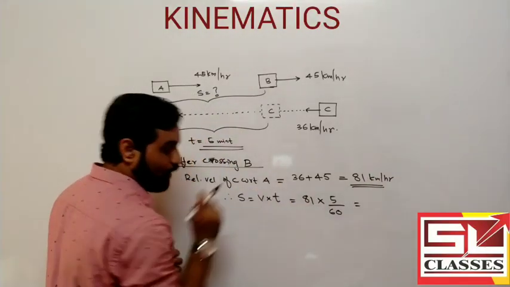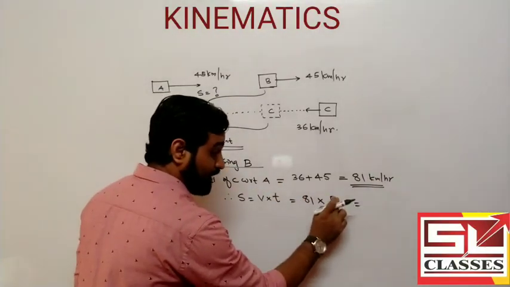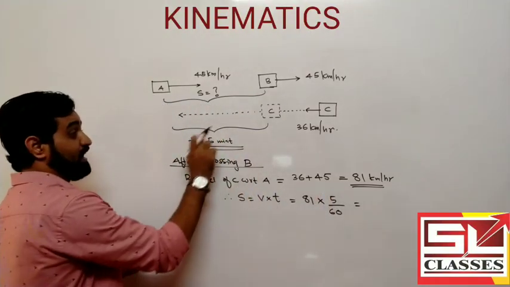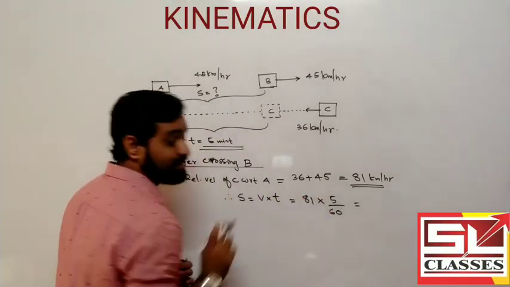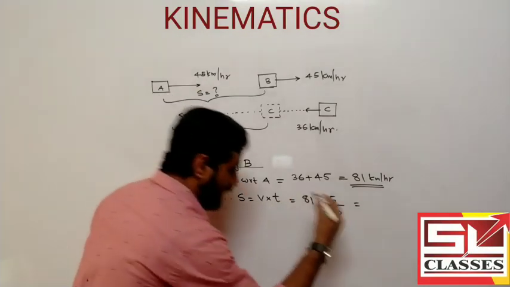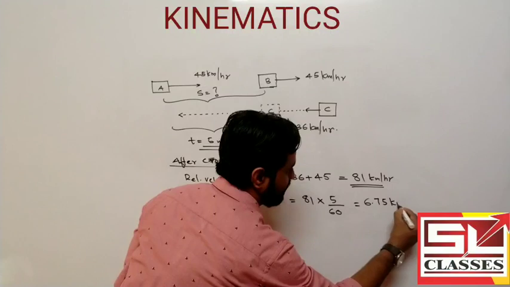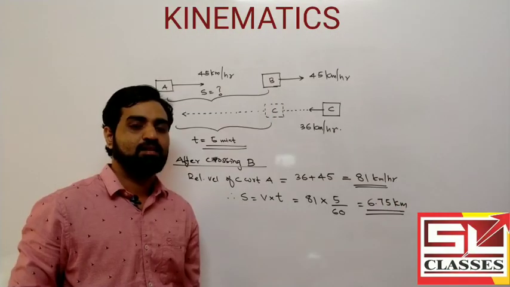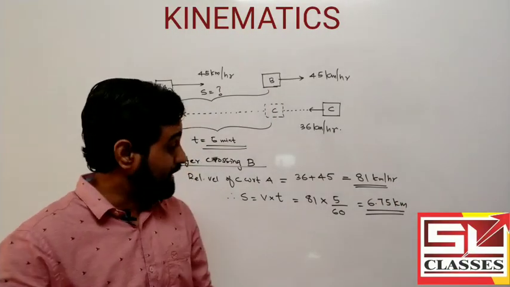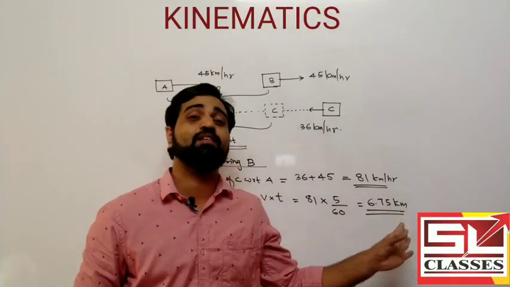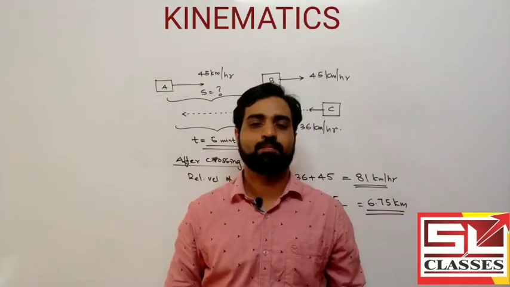So 5 by 60, that is in hour. After calculation, you will get this value as 6.75 kilometer. So for the given question, the correct answer will be 6.75. That is option 1. Okay.